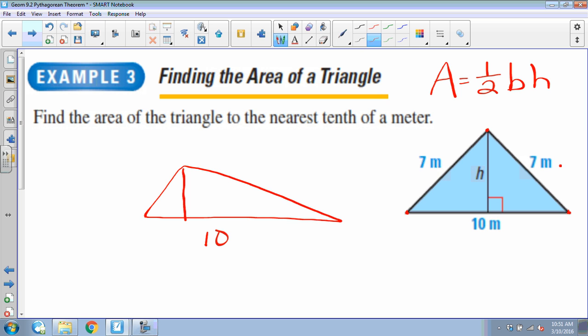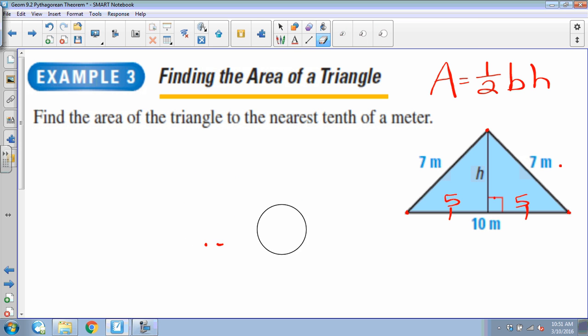So if they drop this down from the center, it's going to hit directly in the middle of that bottom. Does that make sense? So that means this is congruent to that, which means this is 5 and this is 5. So if it's not an isosceles triangle, you cannot split that base up into 2. Everybody understand that? Okay. But because it is, you can do that.